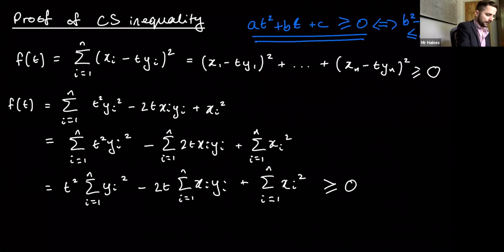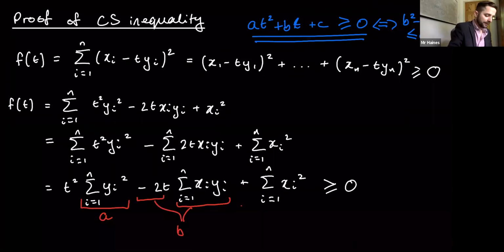Now, this is a quadratic in terms of t. The coefficient of t squared, our a, is this sum here, the sum of the y numbers squared. The coefficient of t is minus 2 times this sum, so that comes together to make our b.